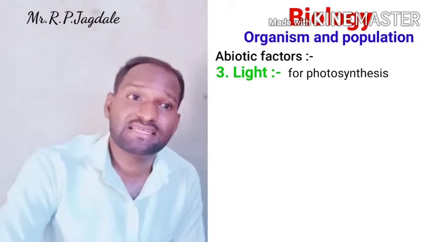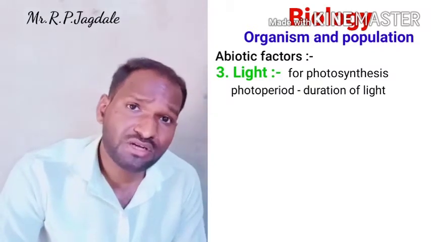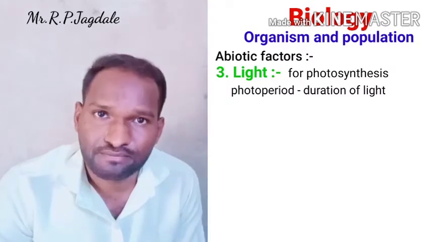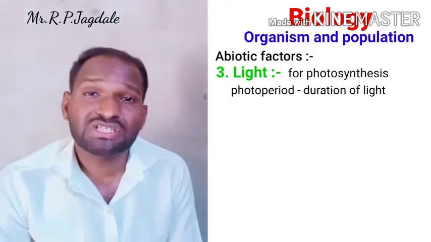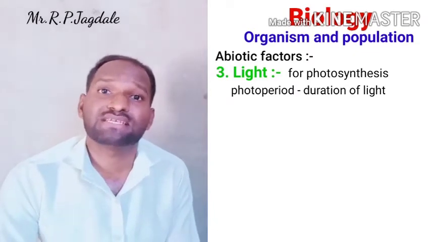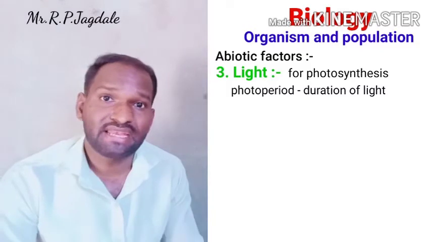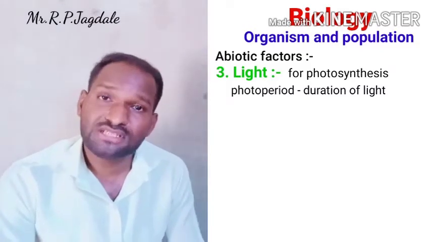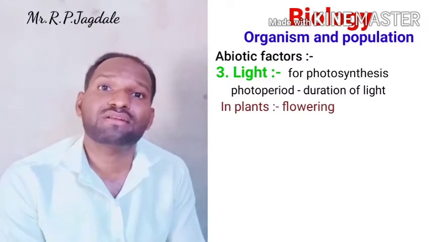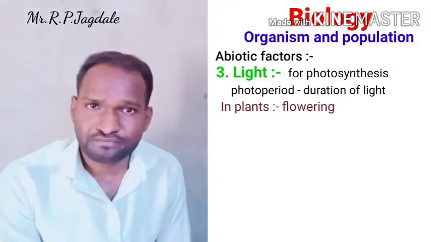The second part is photoperiod. What is photoperiod? Photoperiod is nothing but the duration of the light. How much time light is there is called the photoperiod. And photoperiod is very important in the case of plants and animals also. How is it important in plants? Photoperiod is required for the flowering of the plant.